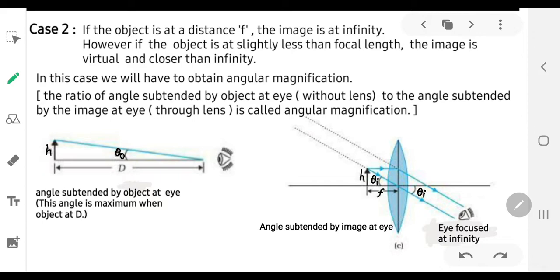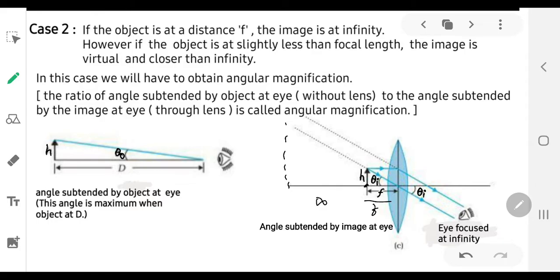The second case, in the simple microscope only, is when the image should be formed at a distance of infinity. When it is possible to have the image at infinity, the object has to be placed at the principal focus, at a distance of focal length f, so that the image formed will be at infinity.